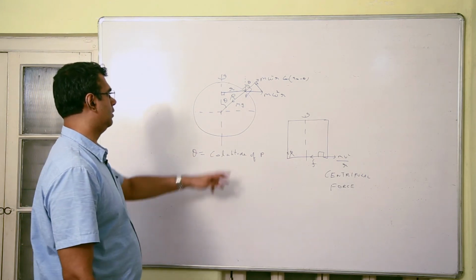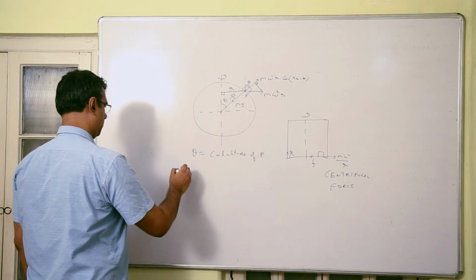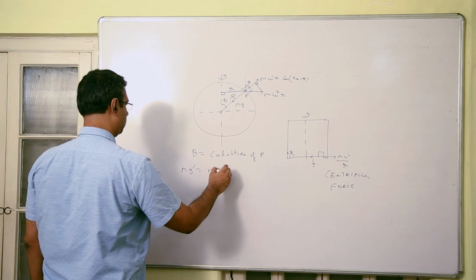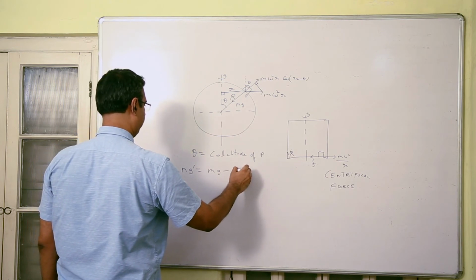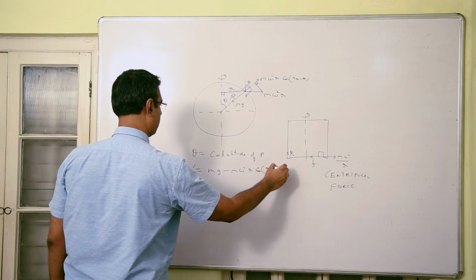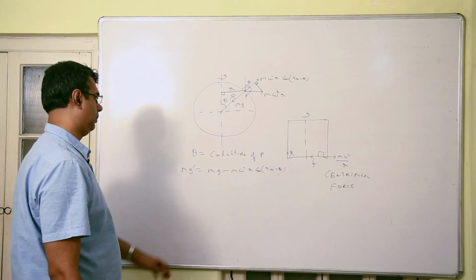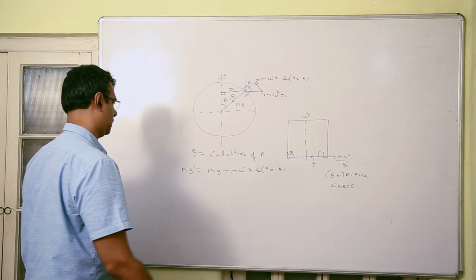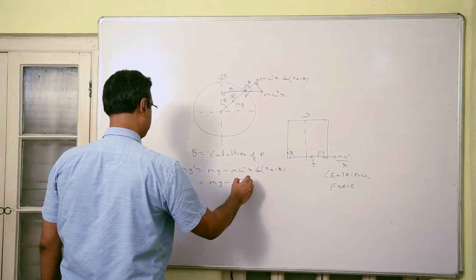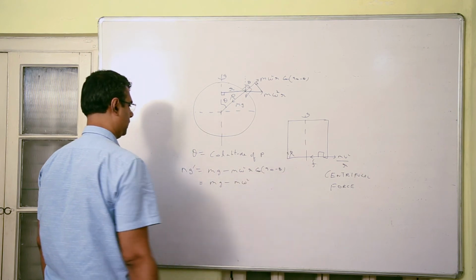So the resultant force on this block, suppose we call it mg dash, will be mg minus m omega square small r into cos 90 minus theta.